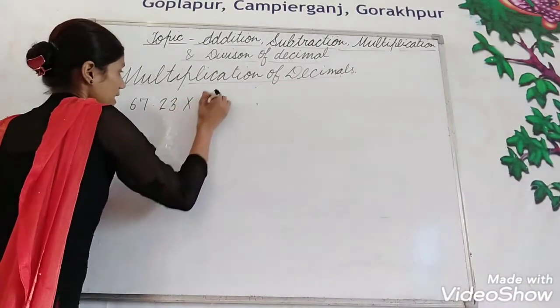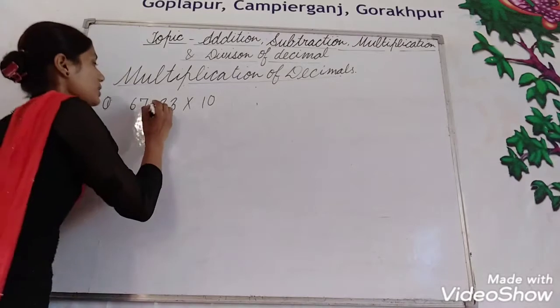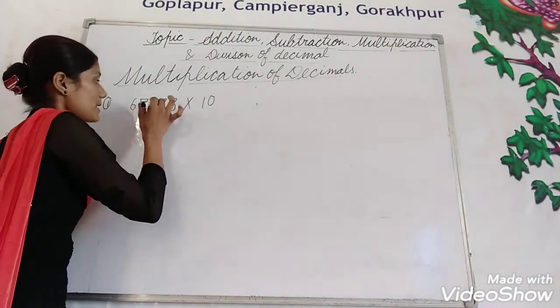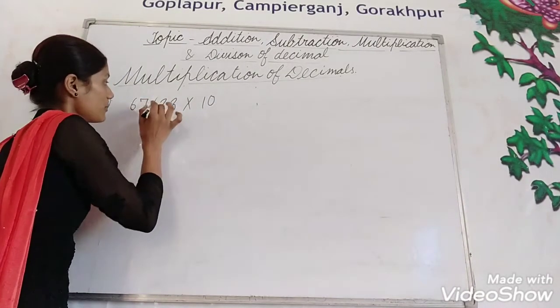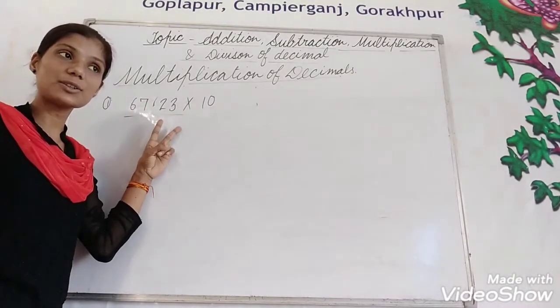67.23 multiplied by 10. In this condition, first we remove the decimal, and after the decimal, how many digits are given? 2 digits.